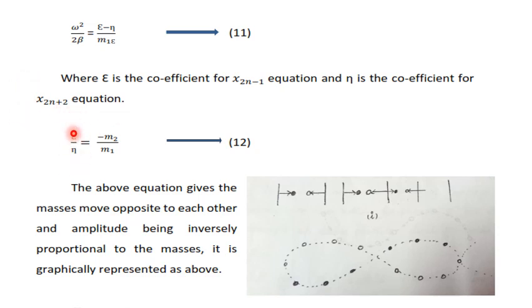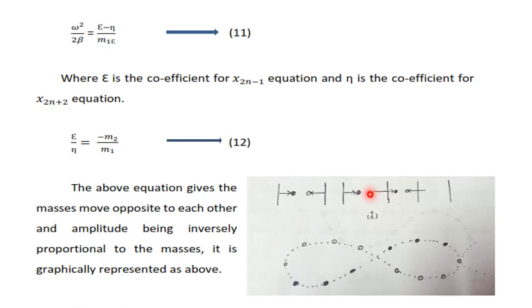So epsilon by eta is nothing but minus m2 by m1. The above equation gives that the masses move opposite to each other, with the amplitude being inversely proportional to the masses. Graphically, one mass will move in one direction and the other in the opposite direction.